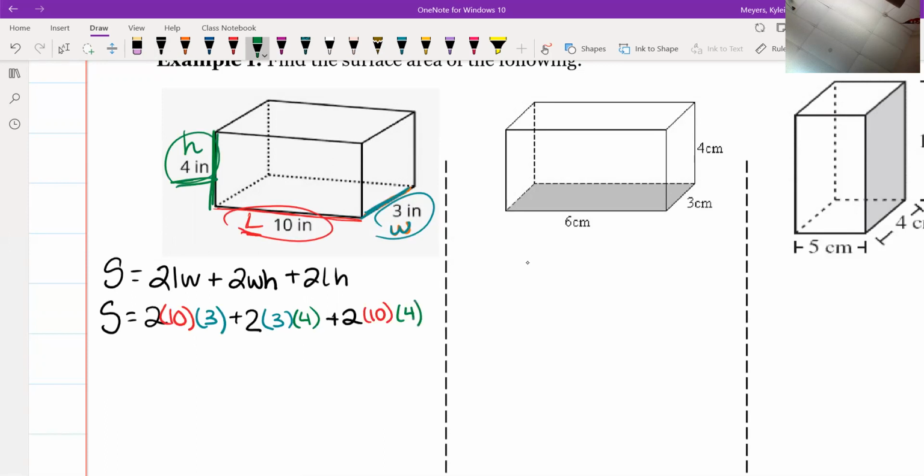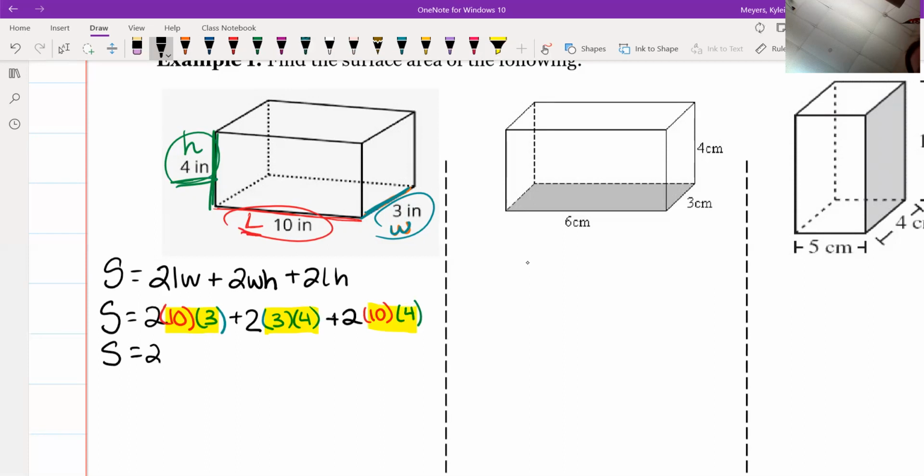Okay, so now that we have these, we just need to multiply. You're definitely going to need a calculator for this one. You can multiply it a couple of different ways. I generally multiply these numbers together first and then multiply by 2, but you can multiply by 2 the other way. It doesn't really matter. But I'm going to multiply by each other first.